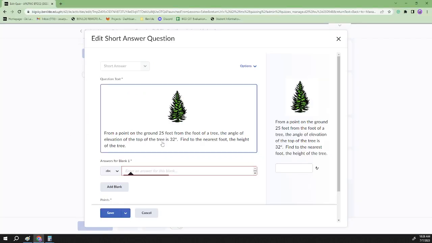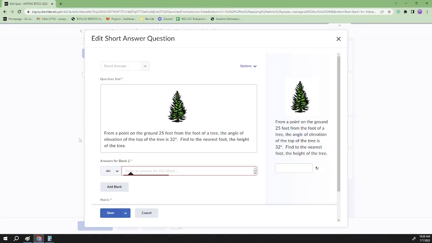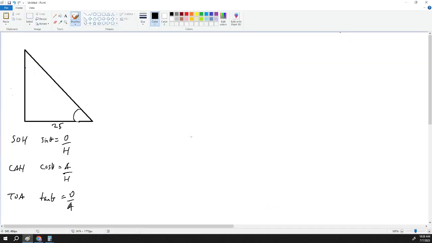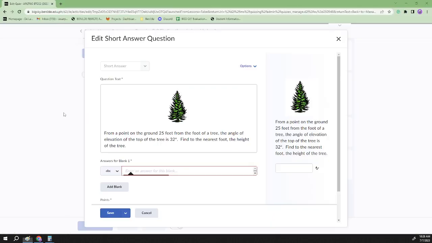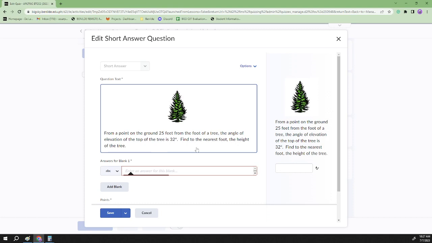So we have a tree, and then you have a point that is 25 feet from the foot of the tree, and the angle of elevation of the top of the tree is 32 degrees. So what is the height of the tree?